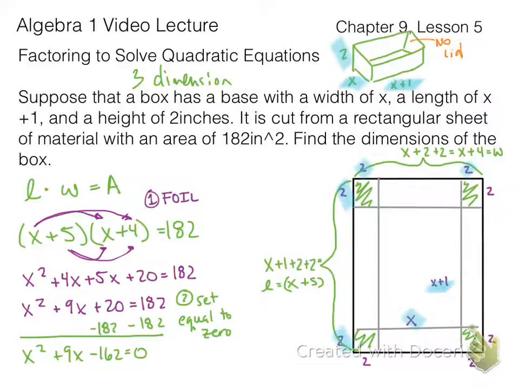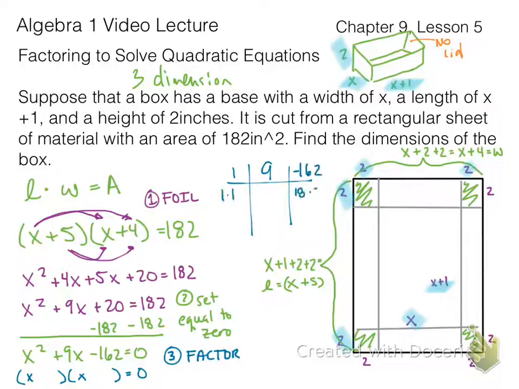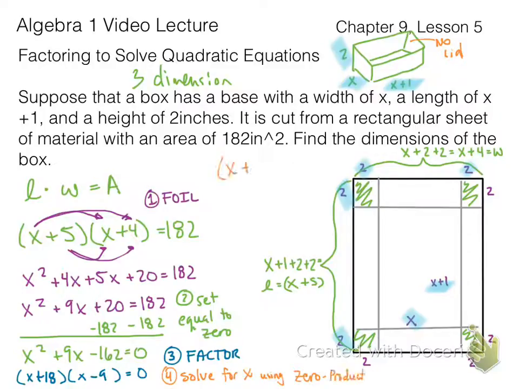Now we need to do the zero product property, which means we need to factor. Yes, this is all pretty crazy, huh? So when we factor this, we get x plus 18 times x minus 9 equals 0. Then we solve for x using the zero product property. x plus 18 equals 0 means x equals negative 18. And x minus 9 equals 0 gives x equals 9.